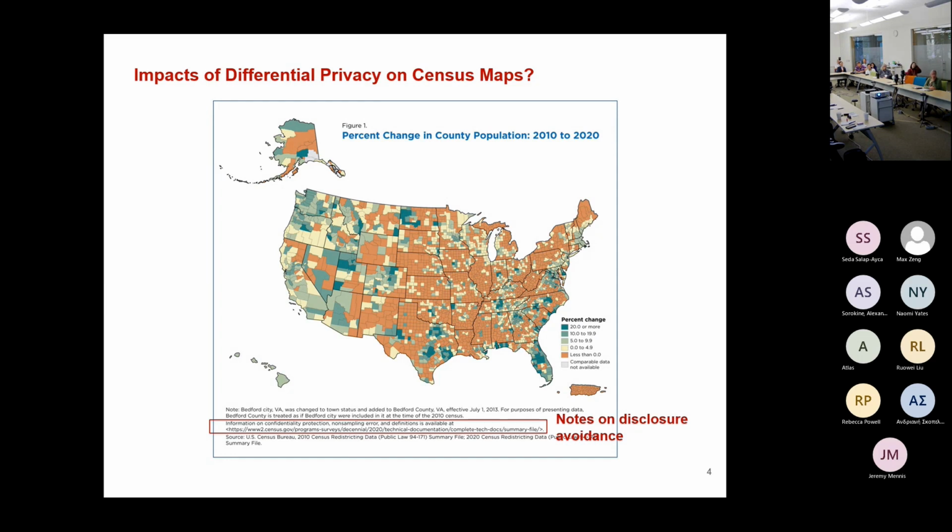But there's very little information about how differential privacy and other privacy protection techniques may affect the census maps, and also how they will affect the way we understand and interpret the census maps.